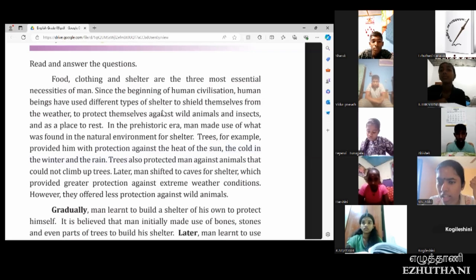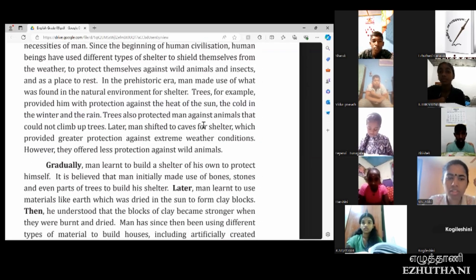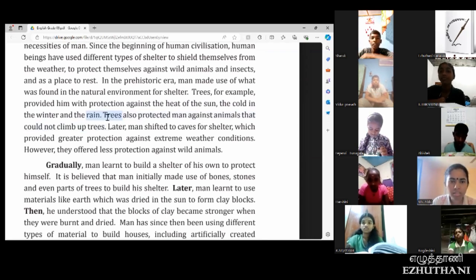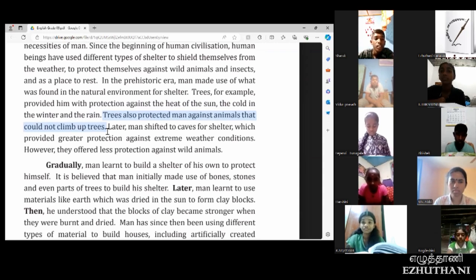Okay. Next, I'm going to ask Shahrukh, can you read the next sentence, please? Trees also protect man against animals that could not climb up trees.